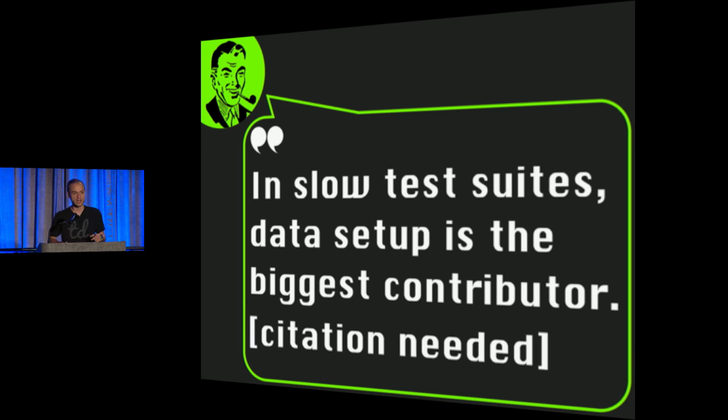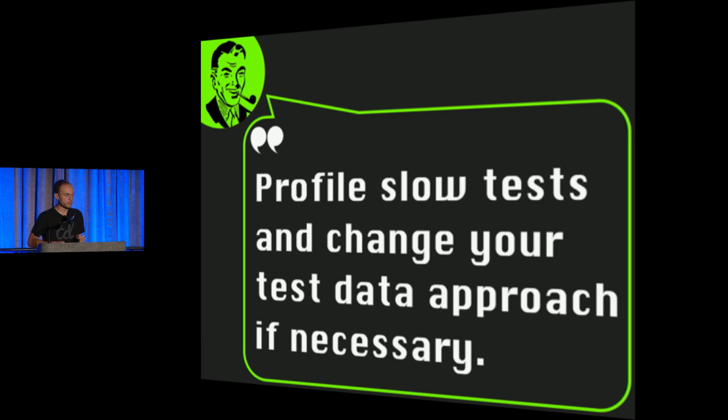I don't have any proof of that, but it seems truthy. What I do in my own practice is when I have some really slow tests, I'll profile them and then very aggressively target in on how to optimize the test data approach, which is a tertiary concern of building an application, but can be front and center as the biggest cause for productivity drain and is totally worth figuring out.